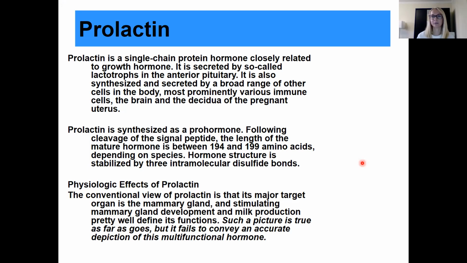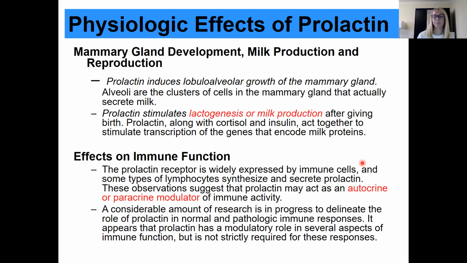Prolactin is synthesized as a prohormone, as many other hormones are, and its main physiological effects are mammary gland development, milk production, and it also has some effect on immune function.